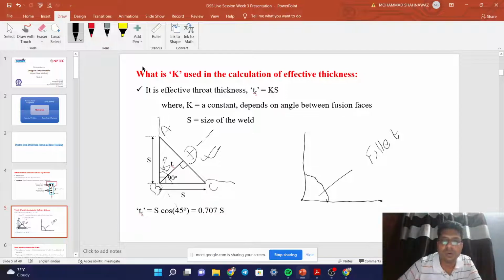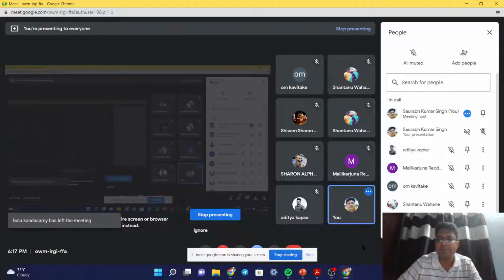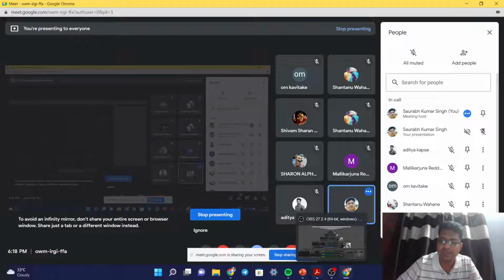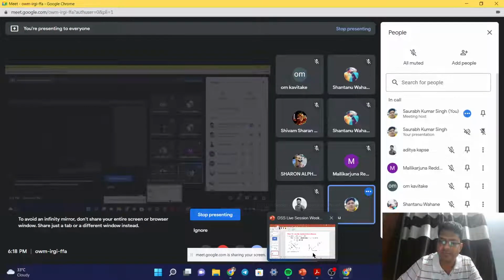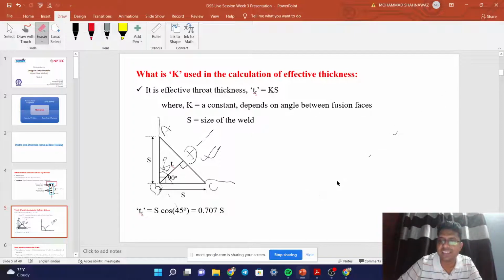So any one of you please calculate it for 120 degree and report it. Please keep notebook and pen with you. Take 2 minutes and please report the answer.